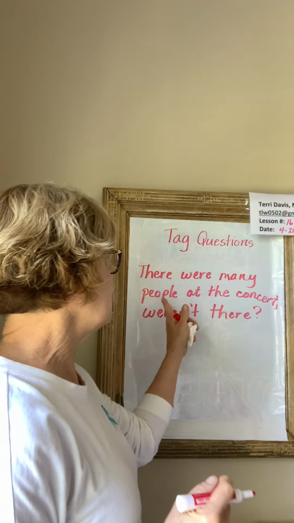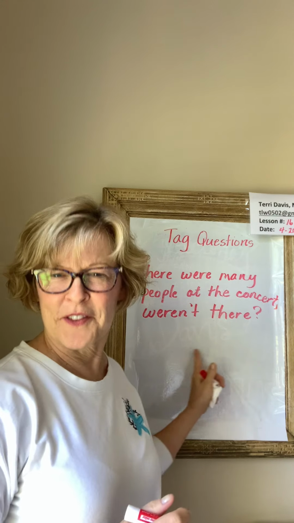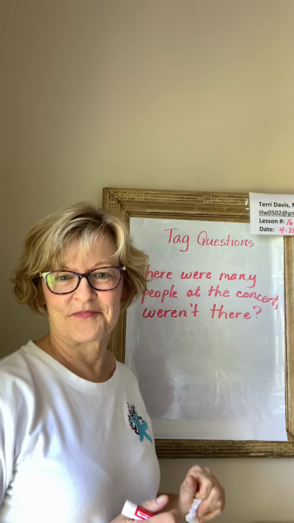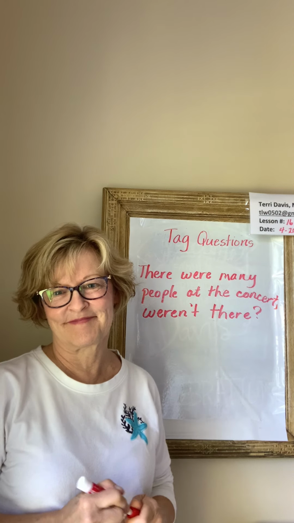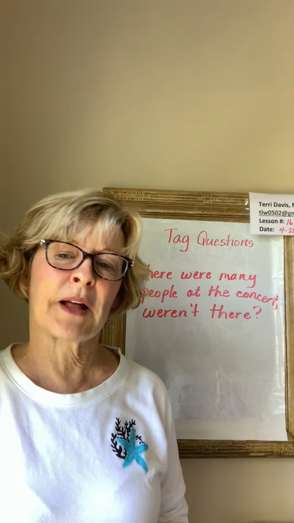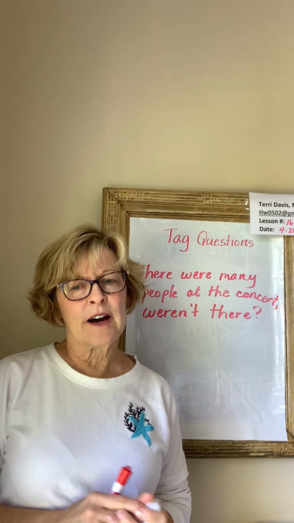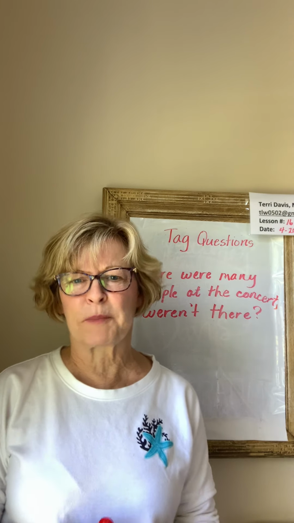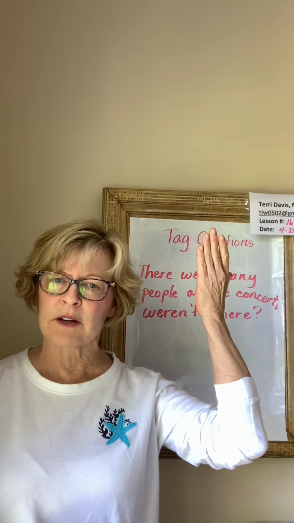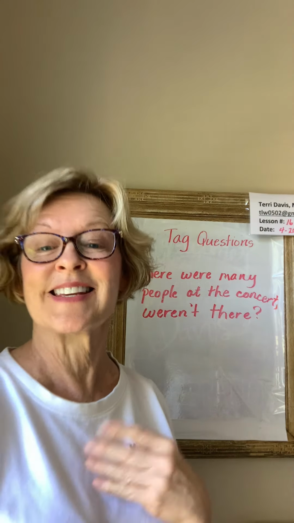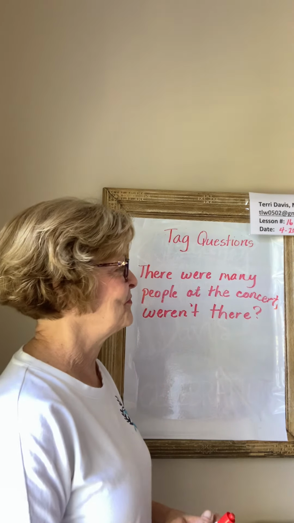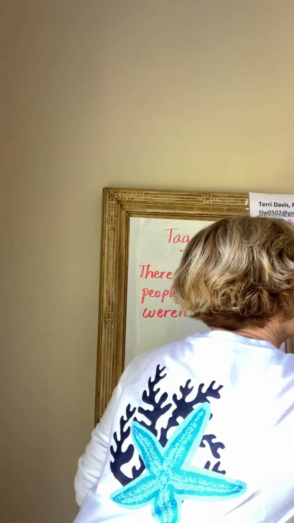There were many people at the concert, weren't there? The other person could reply, well, I thought it was a pretty good crowd, but there was no one in the balcony. So it really wasn't full. The building wasn't full. Okay? So someone may see it differently than I do. All right?